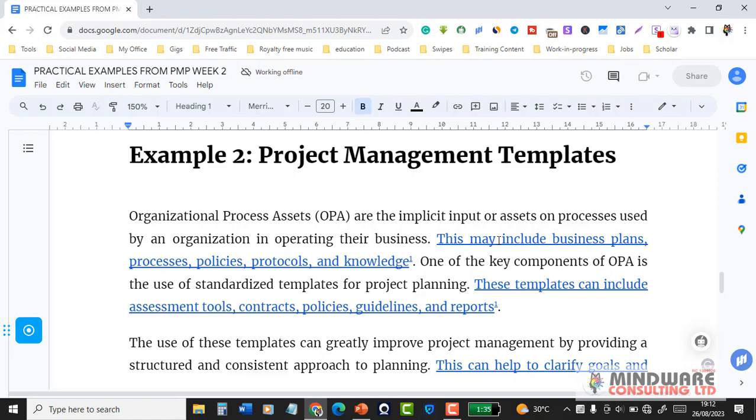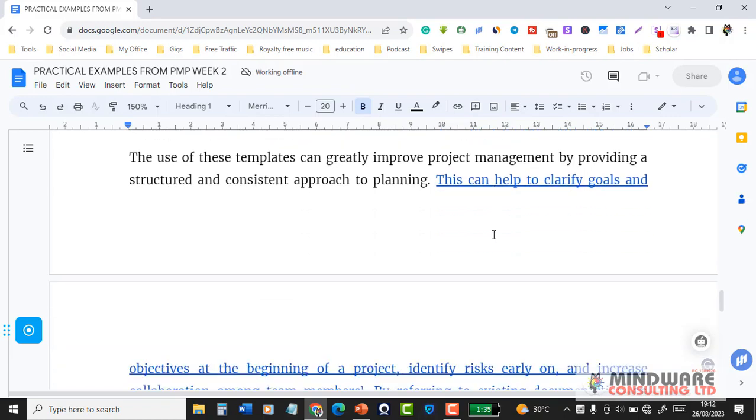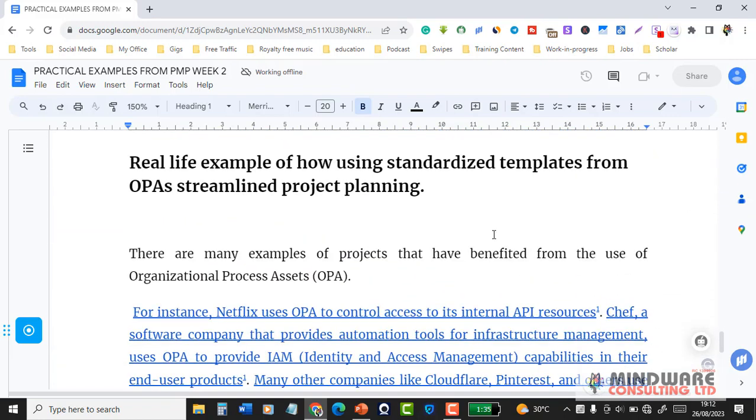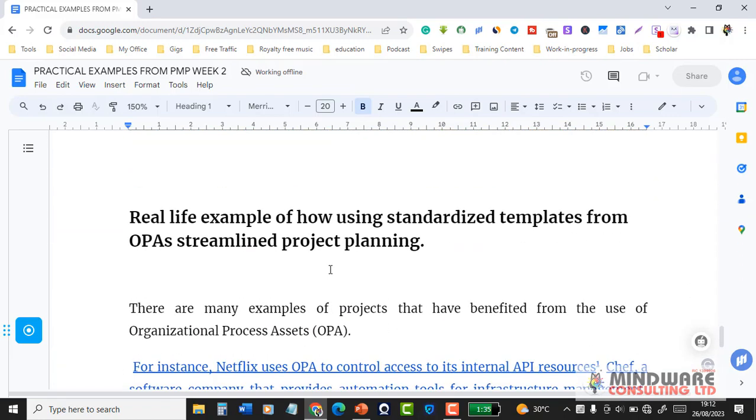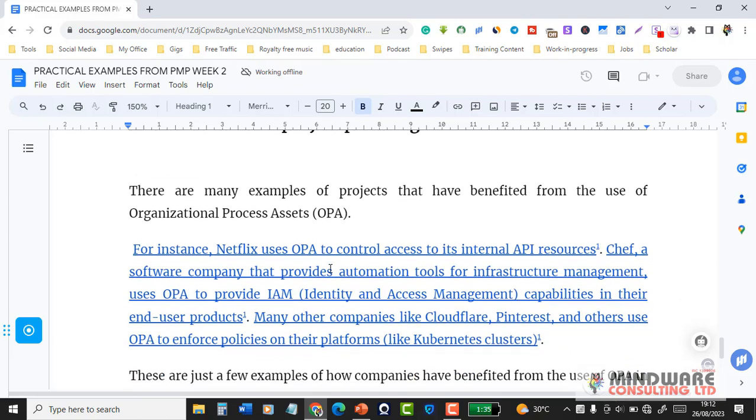So you can actually click the links and even do more study for yourself. So let's just jump right into those examples.